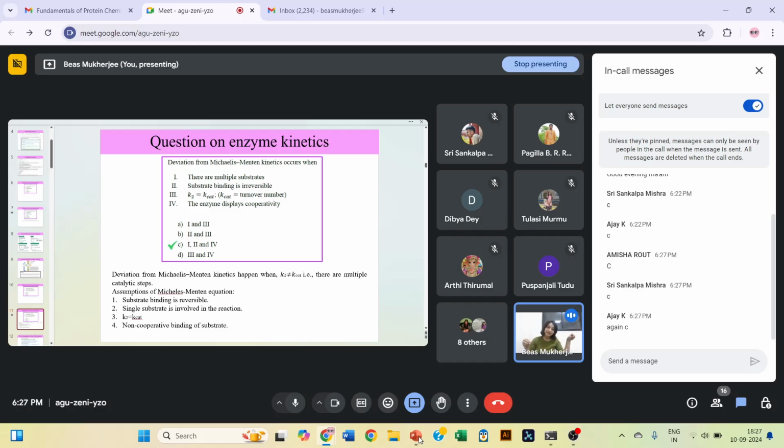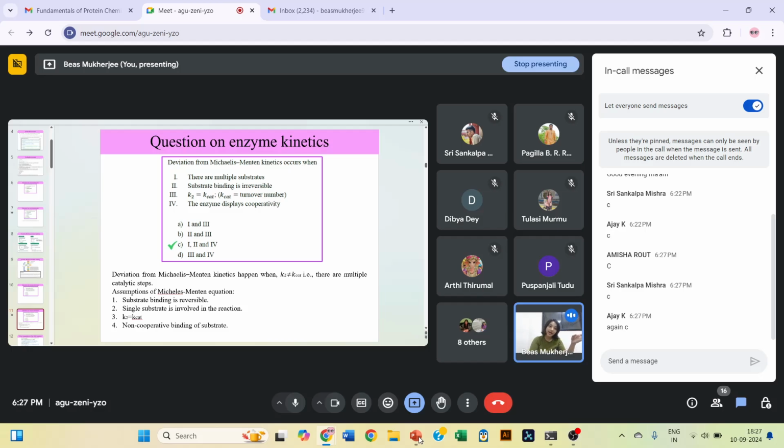If there are multiple substrates, then the entire thing becomes more complicated, and Michaelis-Menten kinetics is not able to explain that. Right? Now, substrate binding is reversible. We always know that the enzyme is binding to the substrate and later on it can even dissociate. Right? So it is always reversible. But then if it is irreversible, then Michaelis-Menten cannot explain that.